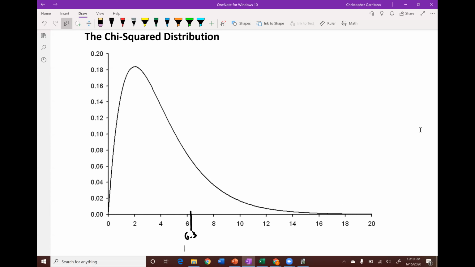So, assuming you paused and gave it some thought, maybe you thought, in order to calculate the p-value, what's the probability of obtaining a chi-squared value equal to 6.3, which is reasonable because that's what we observed, and we're wondering what's the probability of getting what we observed, again, assuming H null is true.